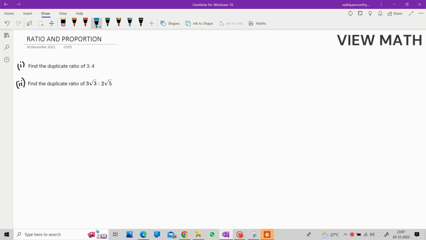Now let's see the next problem. Find the duplicate ratio of 3:4. Solution. We know that the duplicate ratio of A is to B is A square is to B square.